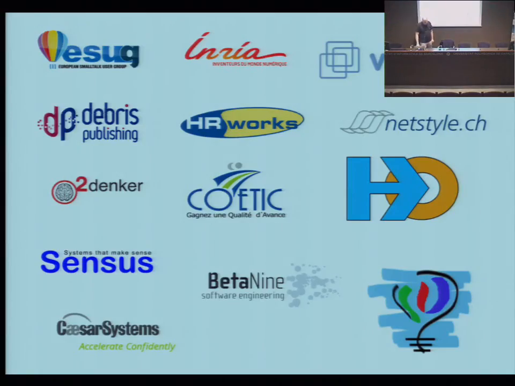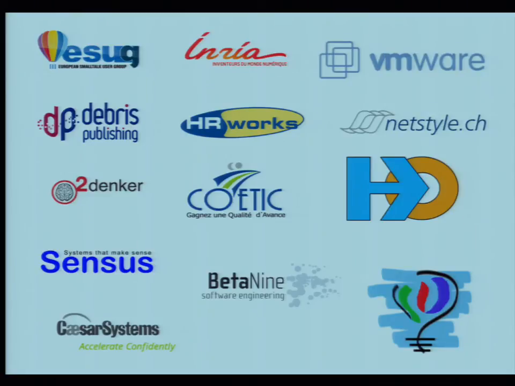We are in the meantime at around 12 members, I think. Most of them are small companies. One is Beta9, which did the track and trace product and contributed the libraries. But we even have some bigger members like VMware and INRIA itself.